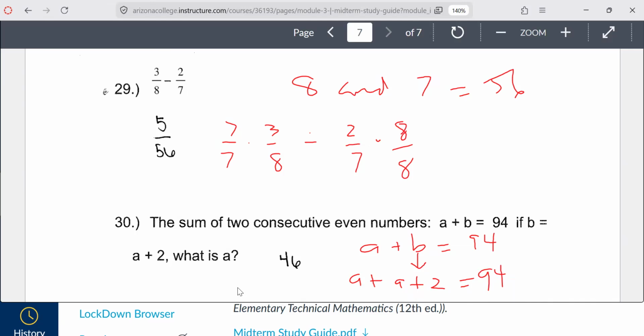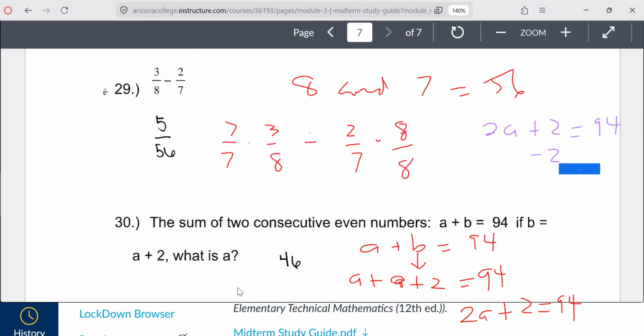So I've got a plus a, which is 2a, plus 2 equals 94. Remember, these two are a and a, so 2a. So 2a plus 2 equals 94.